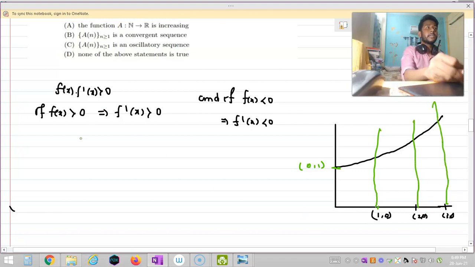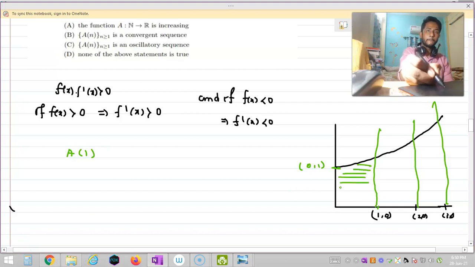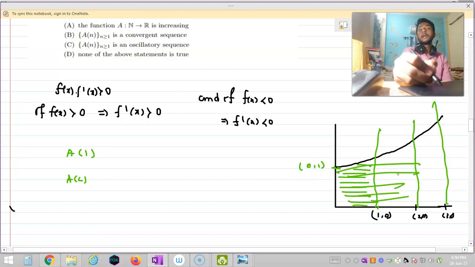First of all, what is A1? A1 is the area bounded by the graph of f, x-axis, y-axis and this line. So this is the area. A2 is the area bounded by the graph of f, the axes and this line. So this is A2, and this is A3.